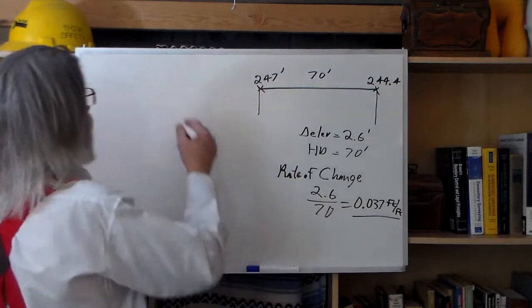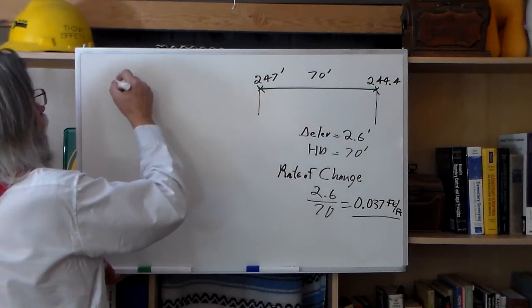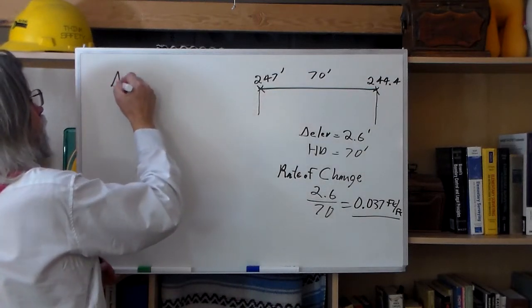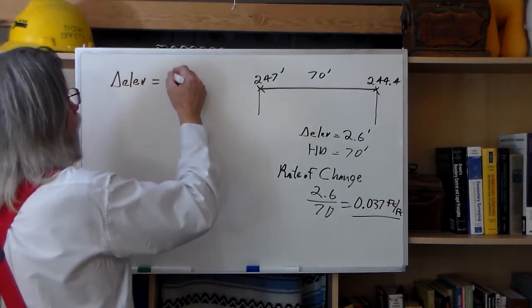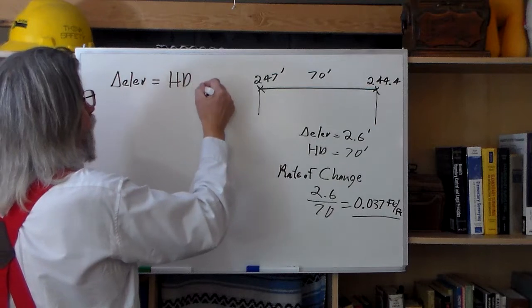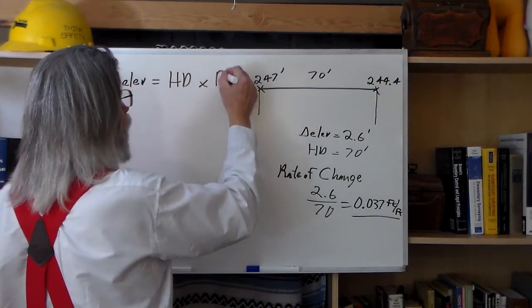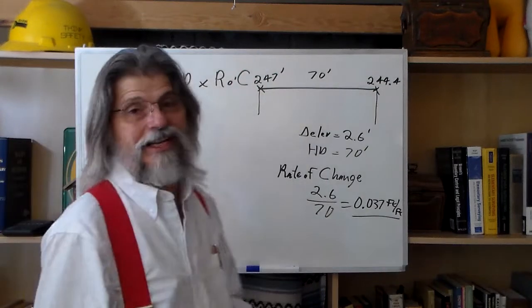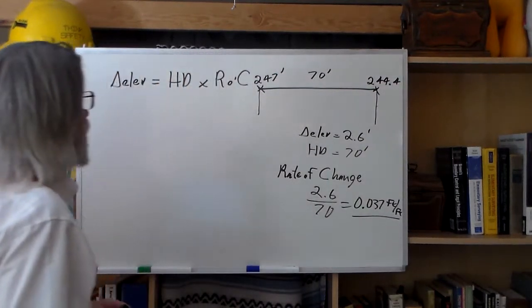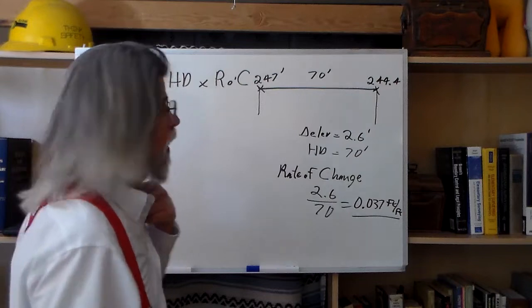What I was talking about earlier, our delta elevation is going to equal the horizontal distance times the rate of change, which I'll abbreviate as ROC, just to keep it a little lighthearted.